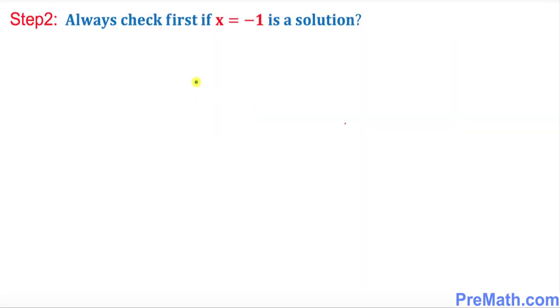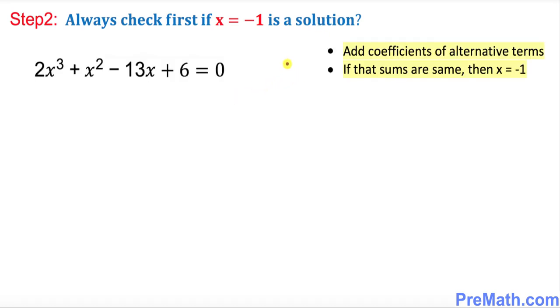Now in step 2, we also want to check whether x equals negative 1 is a solution. There's a rule that states that you add the alternate coefficients.